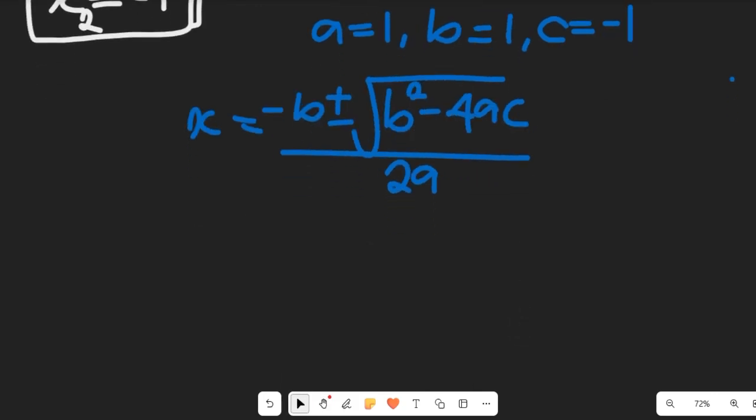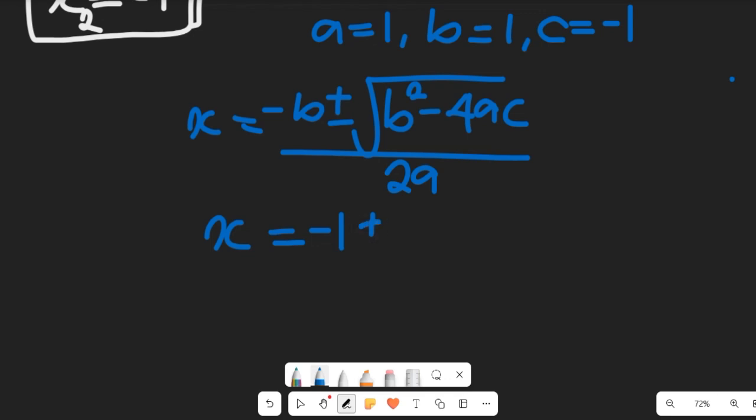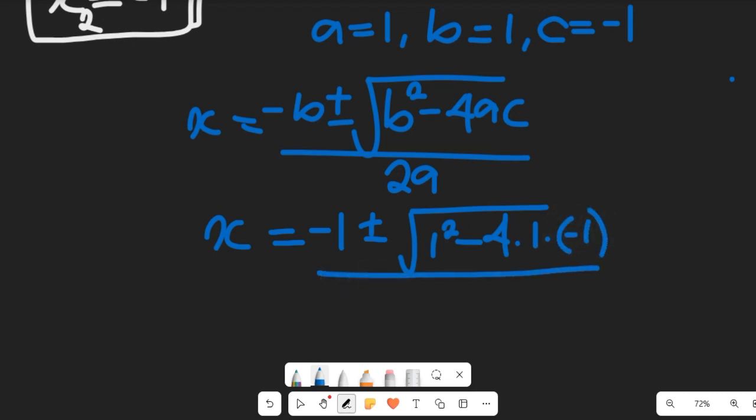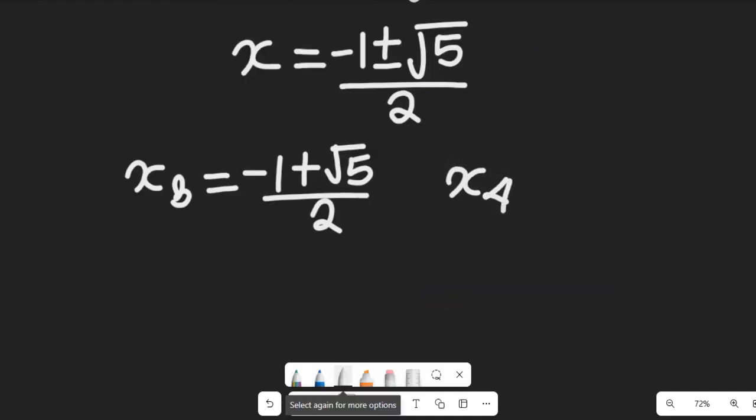So what do I have here? I'm going to have the value of my x to be equal to negative 1 plus or minus the square root of 1 square minus 4 multiplied by 1 multiplied by negative 1, and all of these will be divided by 2 multiplied by 1. x is equal to negative 1 minus the square root of 5 divided by 2.